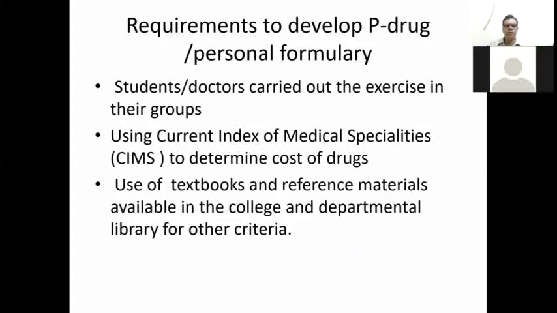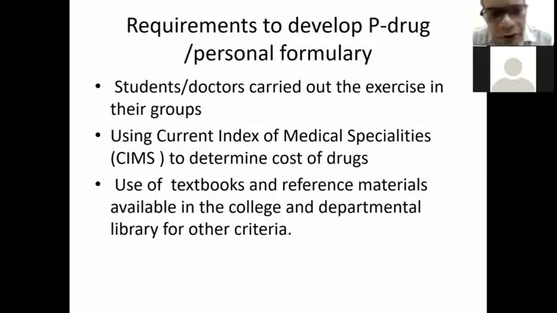The students and doctors carry out the exercise in their groups. We can make groups of 6 people or 4 people, minimum 4 groups, like that. Whether you use the textbook for 4 groups or 3 groups does not matter.